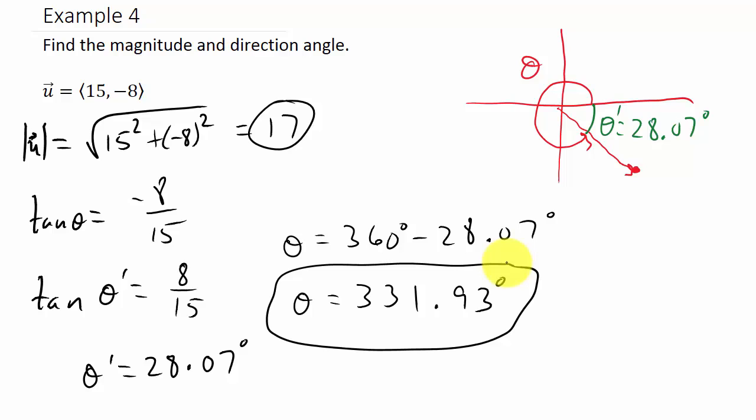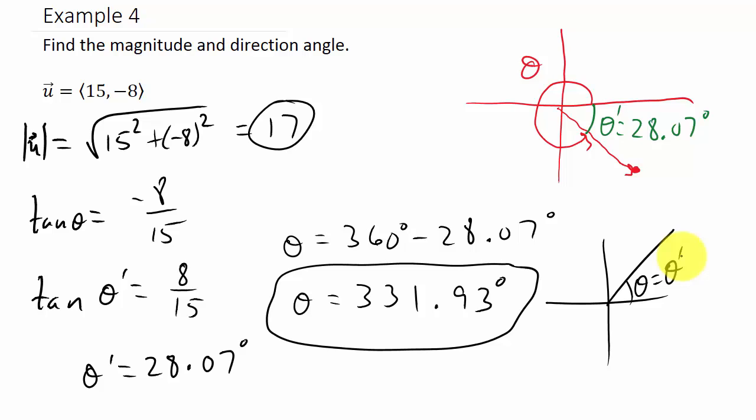I would recommend watching examples 1, 2, and 3 also, if you haven't already. If your vector's in the second, third, or fourth quadrant, use reference angles to get those angles. If it's in the first quadrant, well, remember, theta is equal to your reference angle.